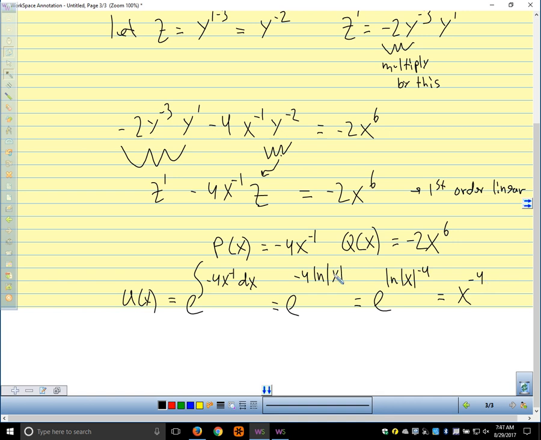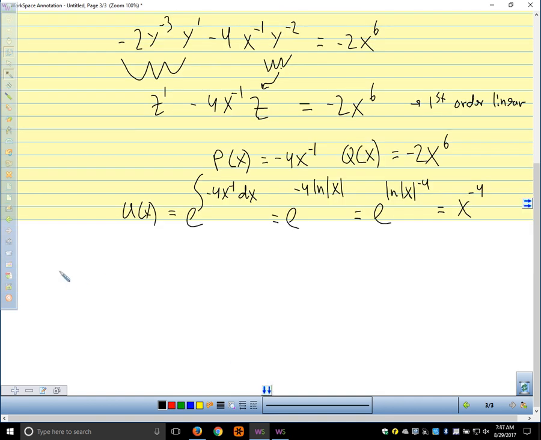All right, so now our new equation. I'm going to multiply this first order linear differential equation, which I'll mark with a star, by x to the minus 4, my u of x, just like we did yesterday when we were solving first order linear differential equations.